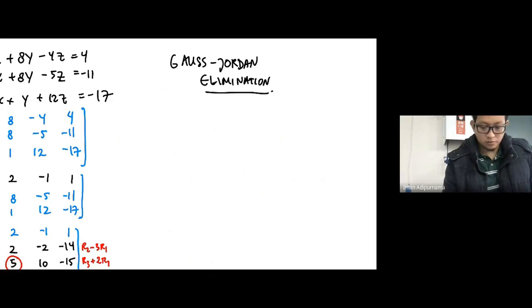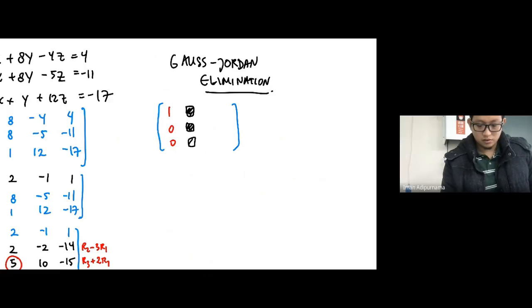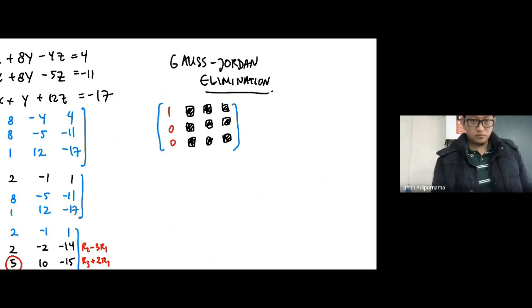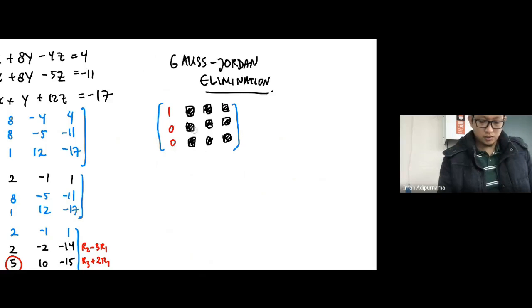So I will just draw a picture so you get the idea. So this is what you were doing before, right? Or let me draw until the row echelon.